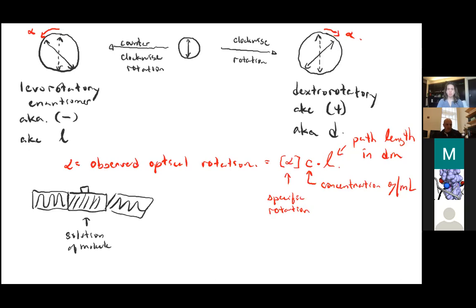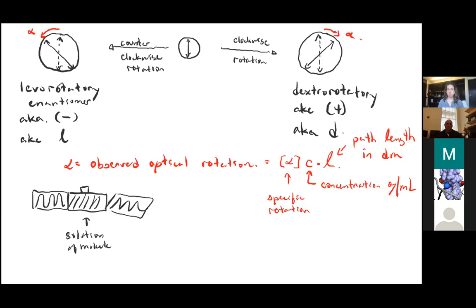All right, so anyway, alpha in brackets is the specific rotation. You can think of it as an extinction coefficient. If you've taken, hopefully you've seen that, when you do UV-vis spectroscopy, the extinction coefficient is a property of the molecule. It's how intensively it absorbs light, right?